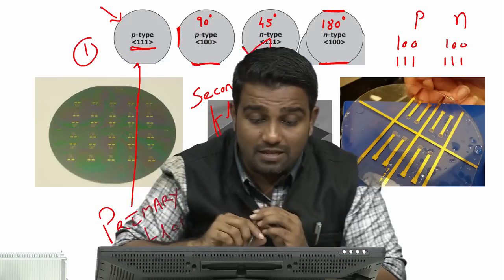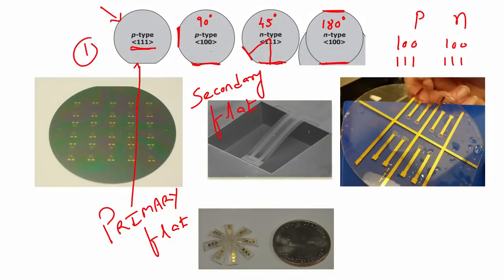If you go back on the screen, we can see that 90 degree with respect to primary flat is my p type 100. Beautiful. So, that means it is very easy to identify the type of the wafer and the crystal orientation of the wafer depending on where the primary flat is and where the secondary flat is with respect to the primary flat, or whether a secondary flat is there or not.